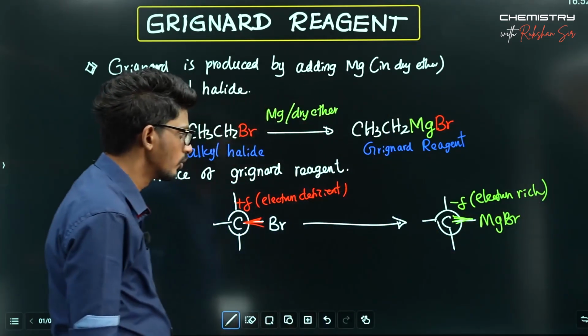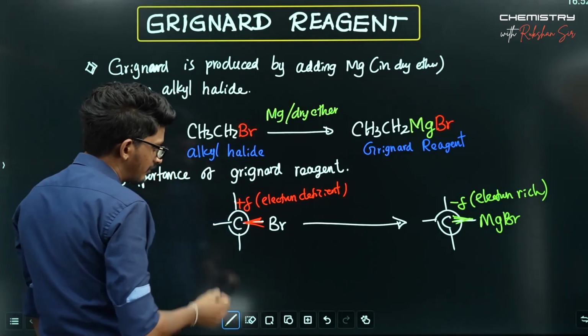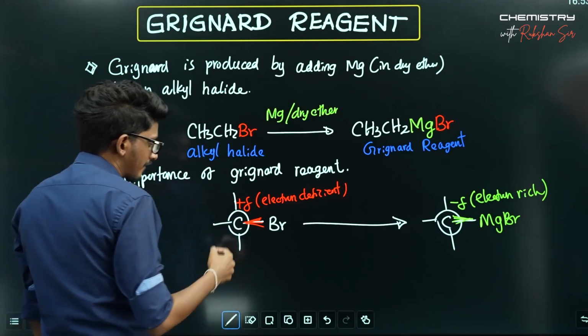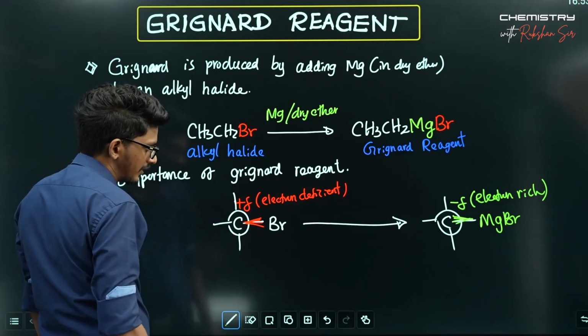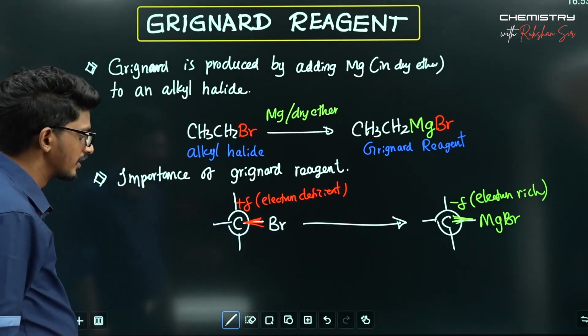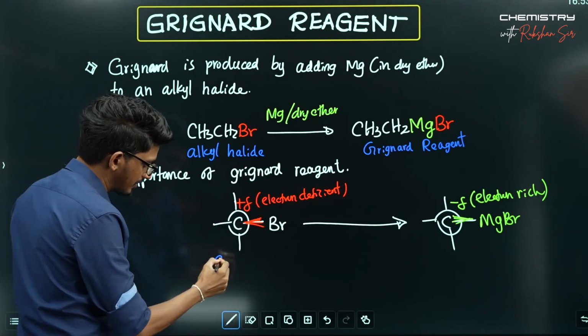So you are able to convert the carbon of the alkyl group from an electron deficient carbon to an electron rich carbon by forming a Grignard reagent.